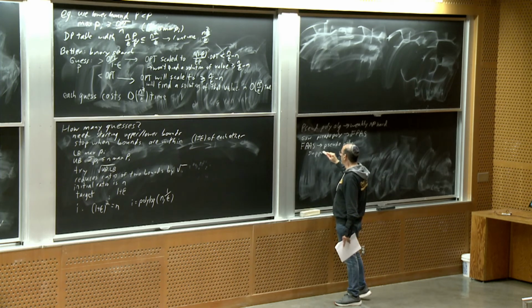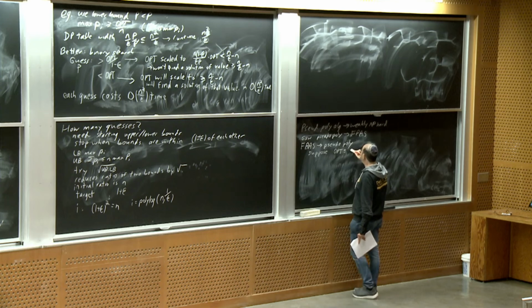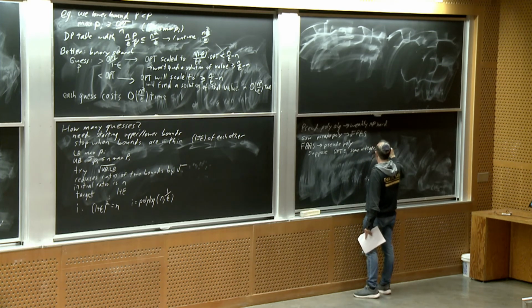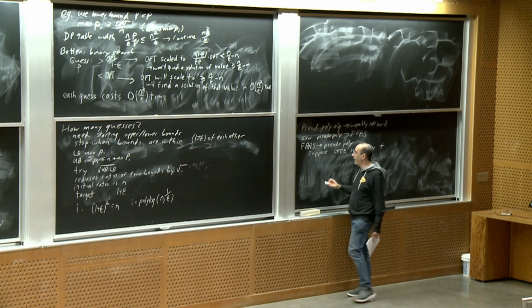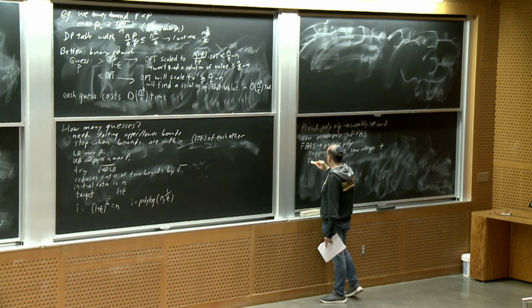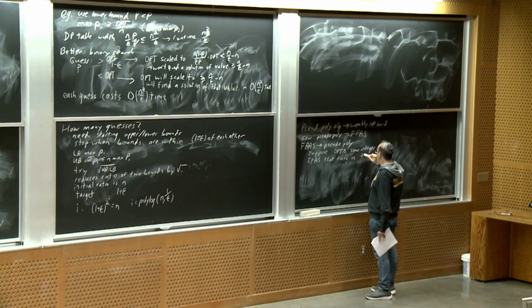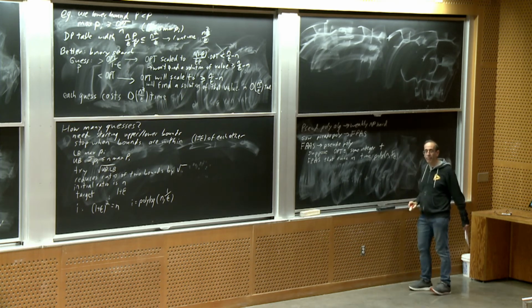Right? Suppose that the optimum is bounded by some integer t. And we have a fully polynomial approximation scheme that runs in time polynomial in n and 1 over epsilon.